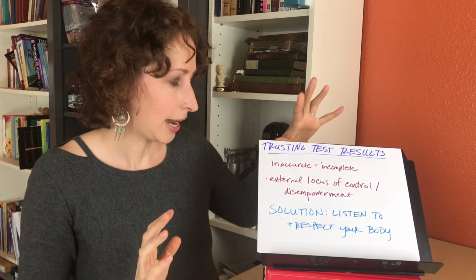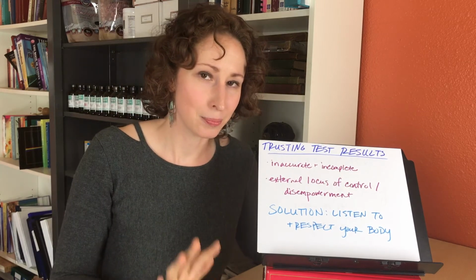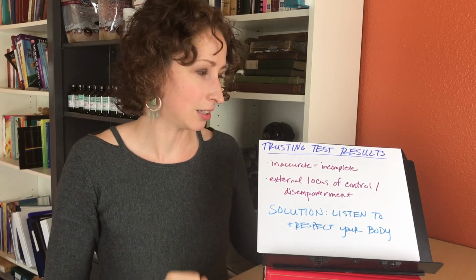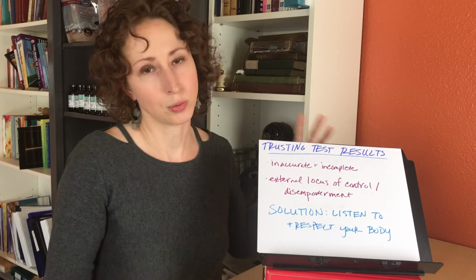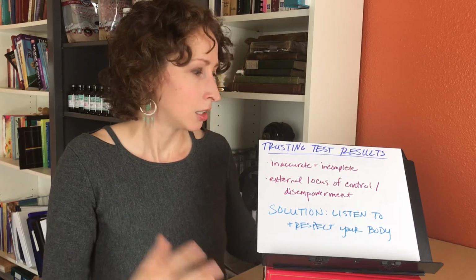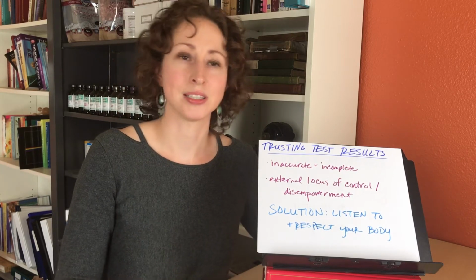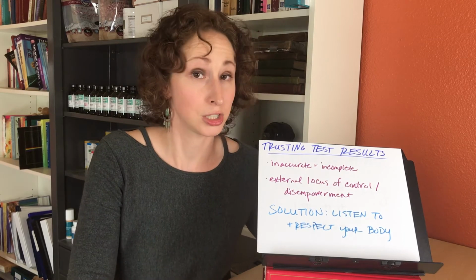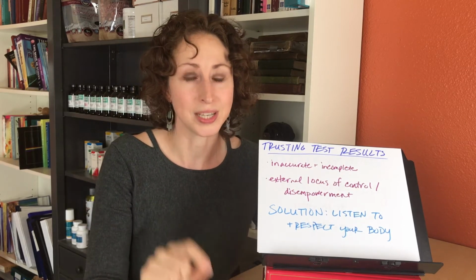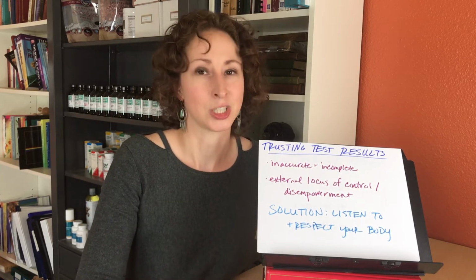Okay, we're on to our last common misstep or mistake that people make on the elimination diet, or just the whole process here: trusting test results, right? In this way, I'm not talking about reintroduction test results, because those should be the most accurate of any test results you get.